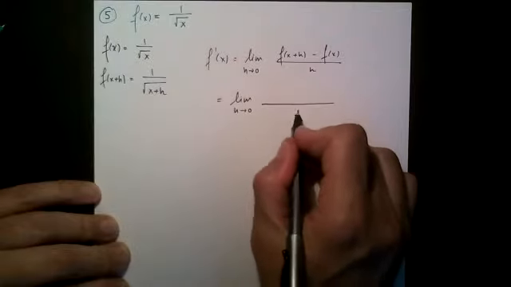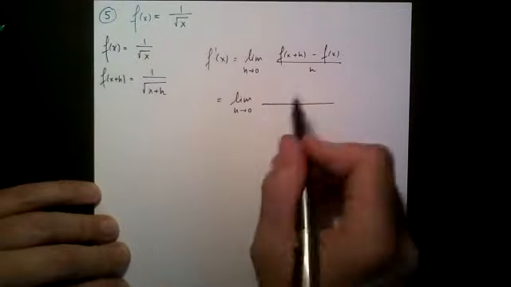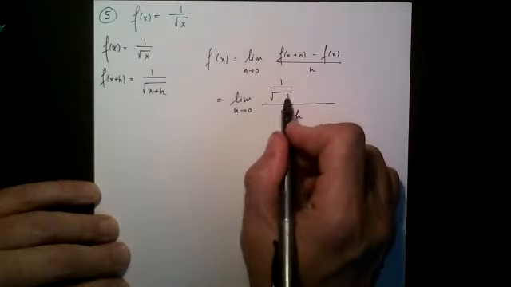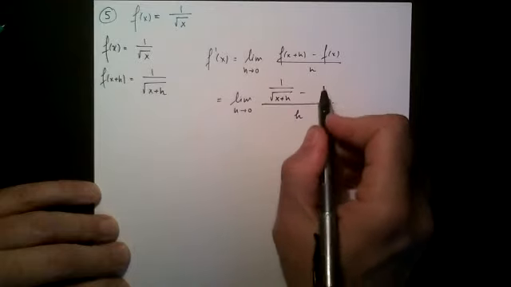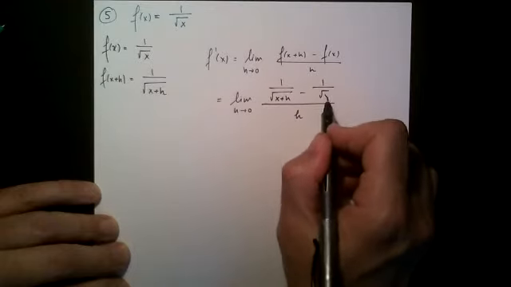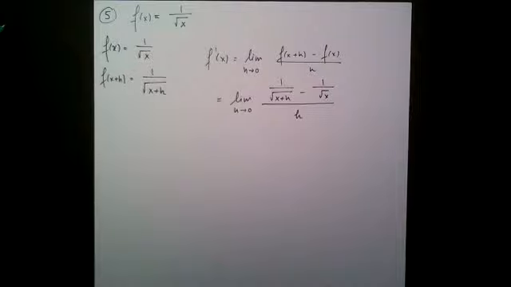Here it goes over h, and now f of x plus h is this fraction here, minus f of x. It's this fraction here. Okay, so far so good, right?